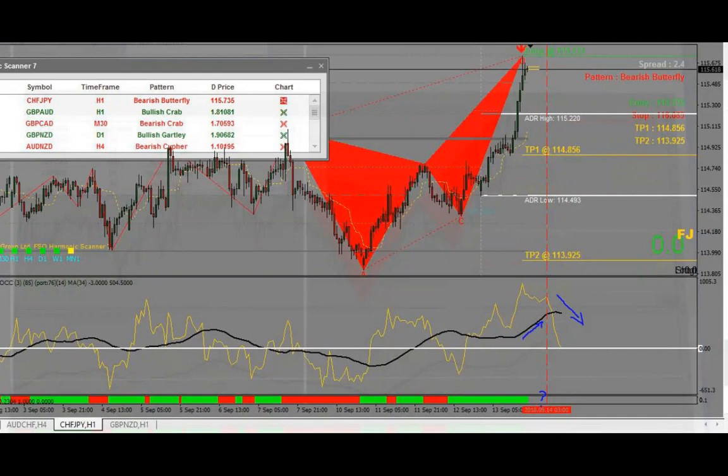I woke up this morning trying to see what it was like, and I discovered that the price had extended by several pips above the point of formation. The pattern will not remain on the chart if it's no longer in accurate ratio. So this pattern disappeared, and a guy sent me a message.